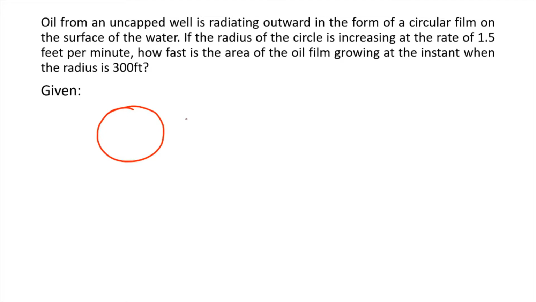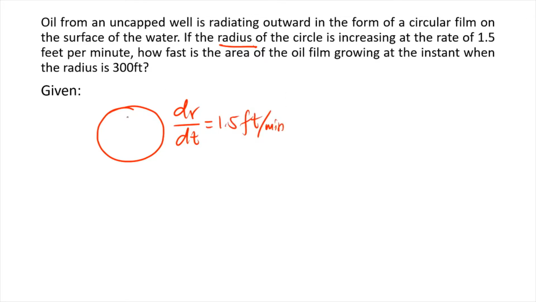And then we have some given quantities. Radius, let's call the radius r, and it's constantly increasing at the rate of 1.5 feet per minute, so let's call that dr/dt, and this is equivalent to 1.5 feet per minute.